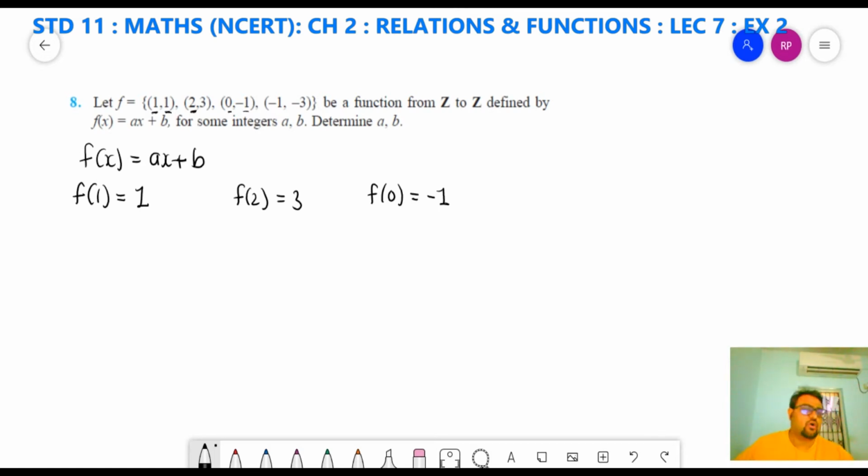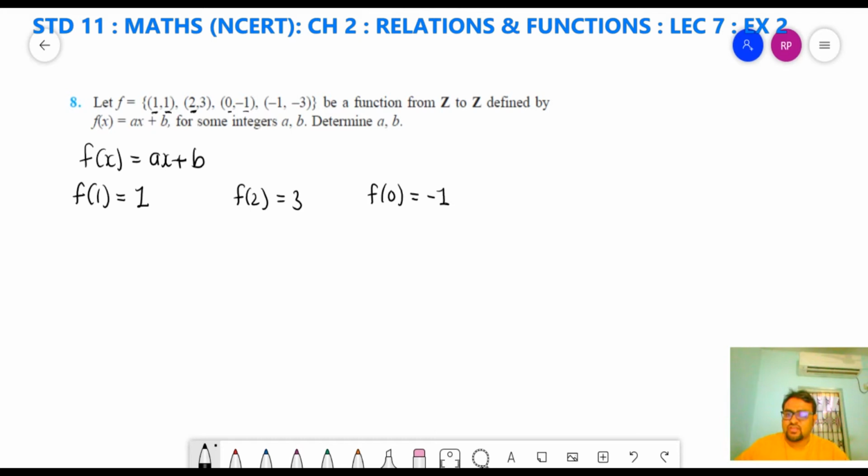Remember this way: when an ordered pair is given like this, that means f(x) is equal to y. So we can also take f(-1) equal to minus 3, if we require it.